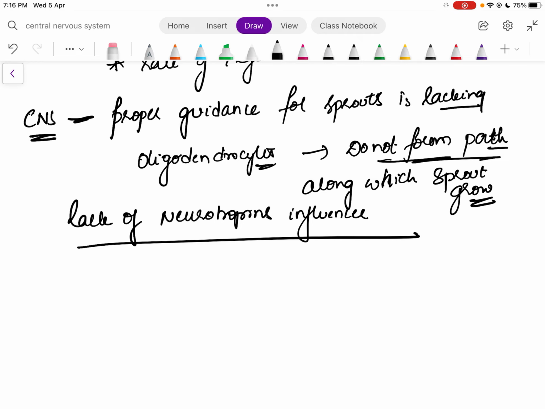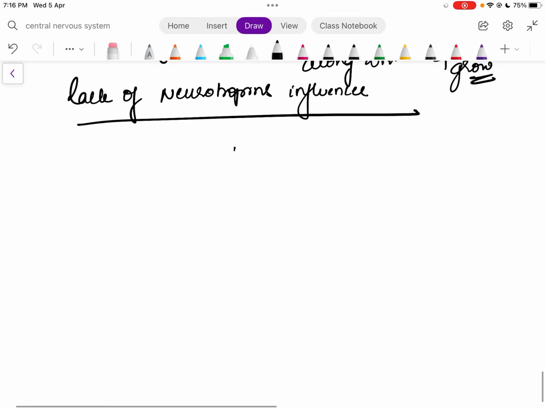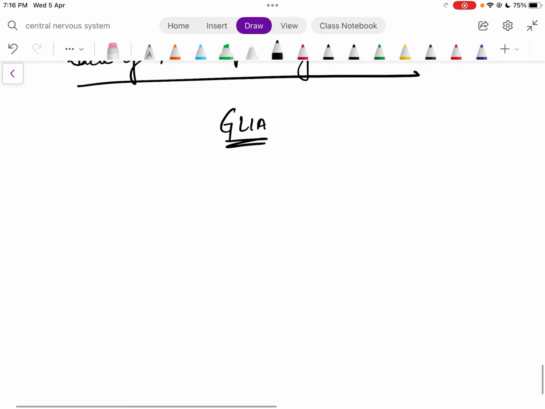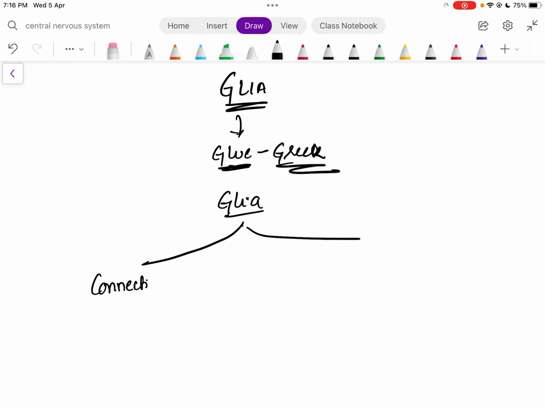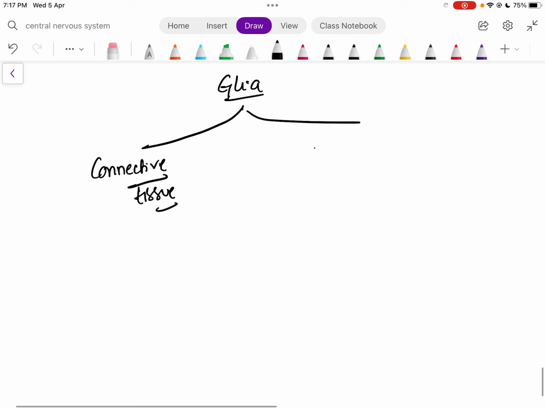Now we'll discuss one more important topic, that is glia. This is one more cell which is present in the nervous system, and glia means glue in Greek. These glial cells can act as connective tissue and they help in communication.